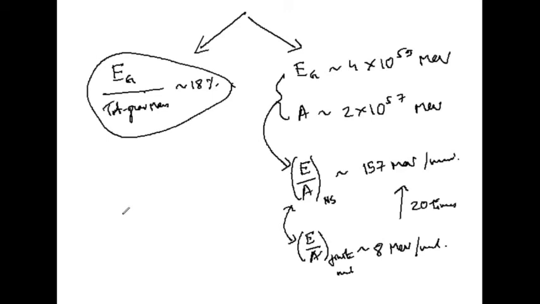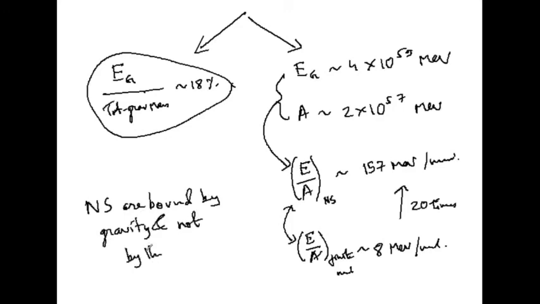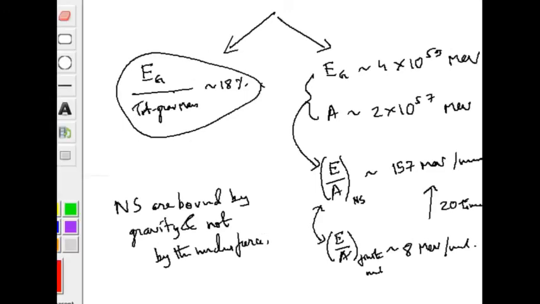So what's the moral of the story? The moral of the story is basically that neutron stars are bound by gravity and not by the nuclear force. This is important.